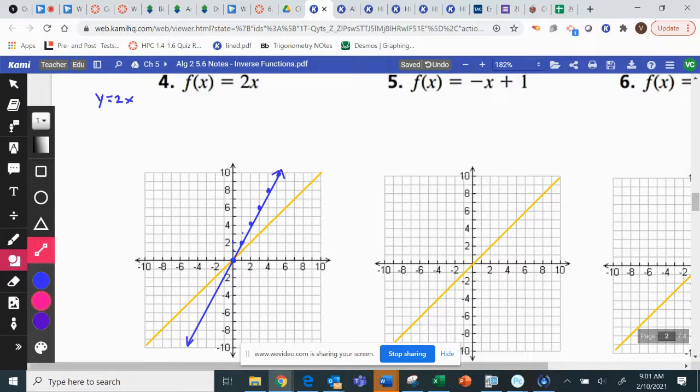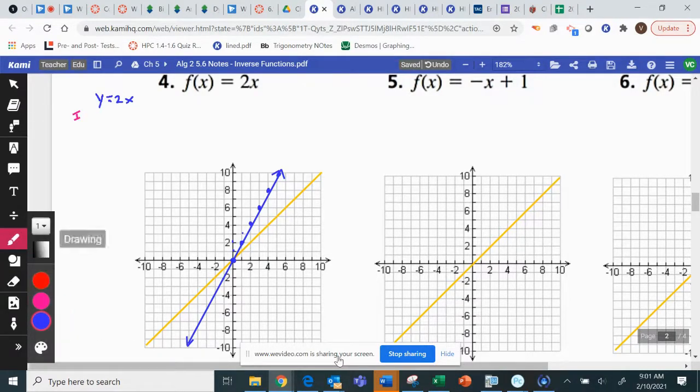When I go to do the inverse, I switch my x and my y's. So for the inverse, I get x equals 2y. So that's my inverse step. Just switch x and y's, and then we're going to solve it for y.